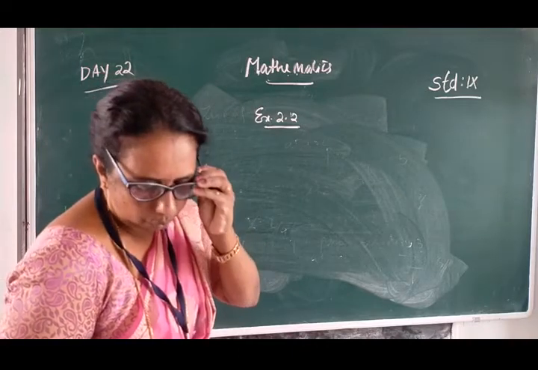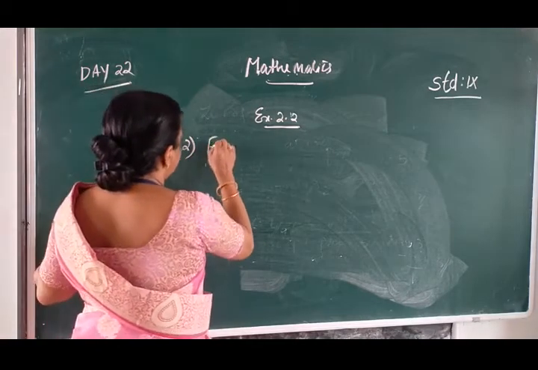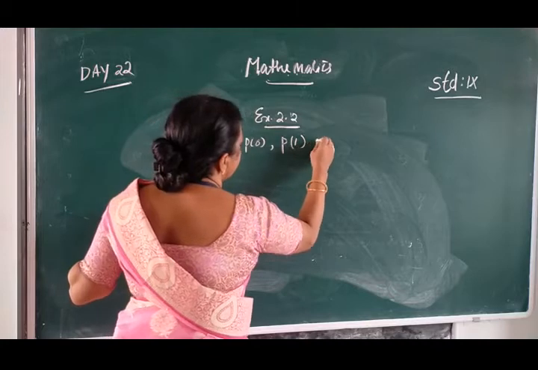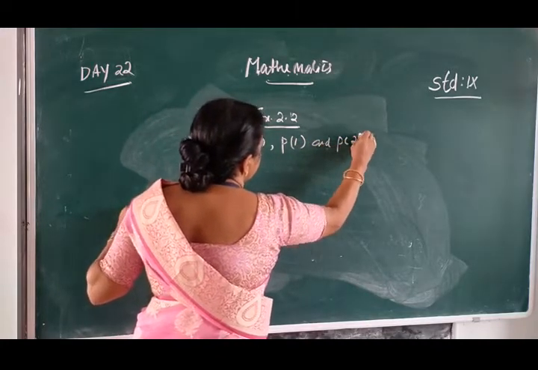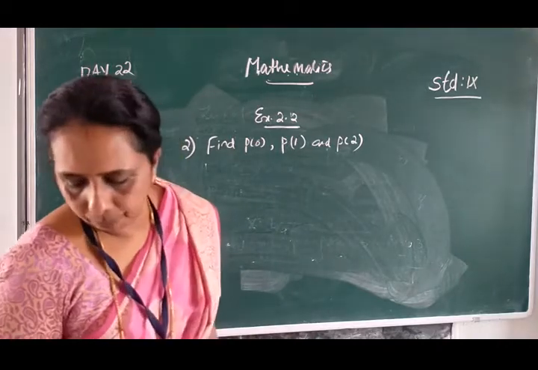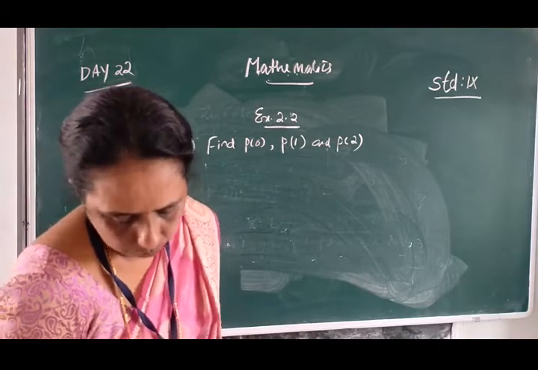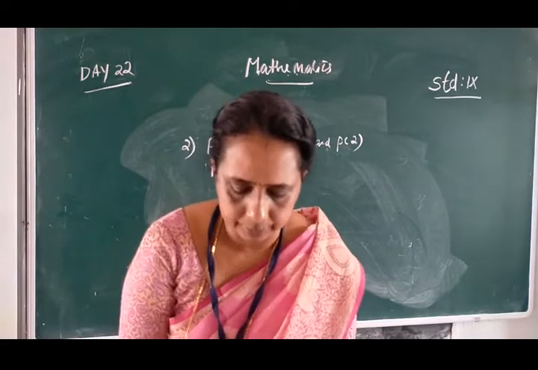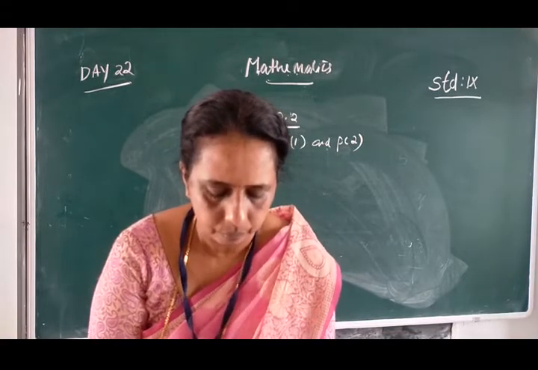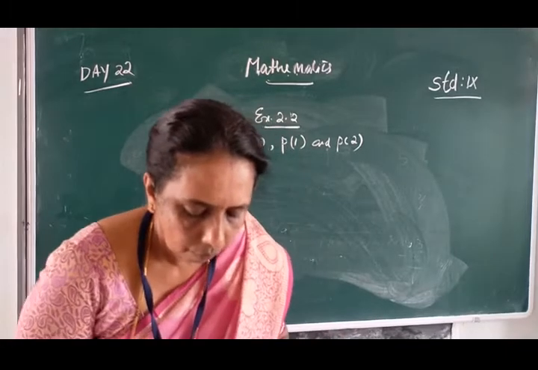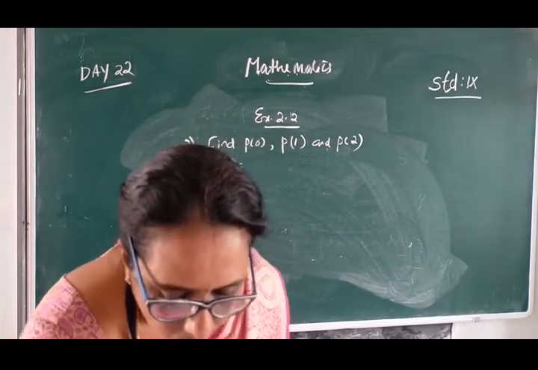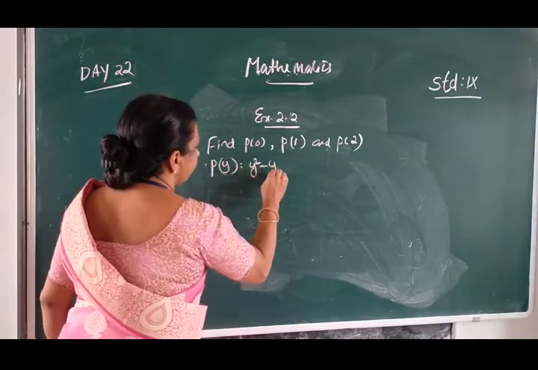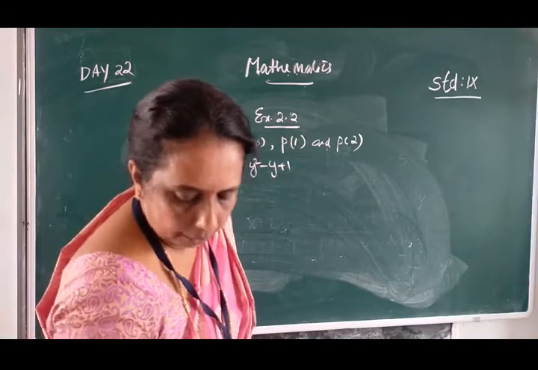Given each of the following polynomials, first polynomial: p of y is equal to y square minus y plus 1.